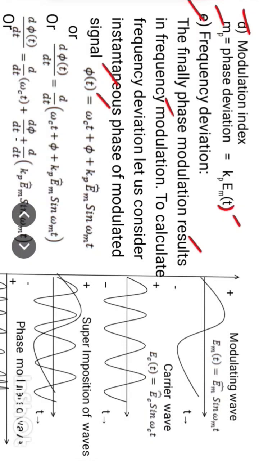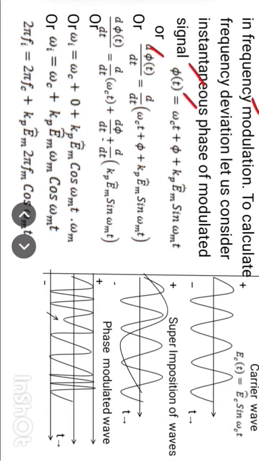Now differentiating it, we get d phi(t) by dt, which is equal to d/dt of (omega c t plus phi plus Kp Em max sin omega m t). Or we can write d phi by dt is equal to d/dt of omega c t plus d/dt of phi plus d/dt of Kp Em max sin omega m t.